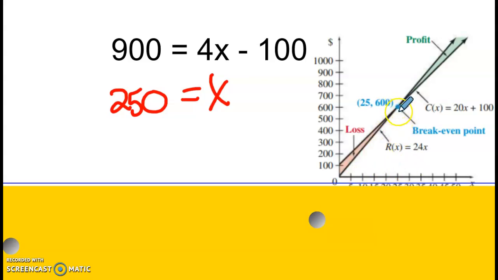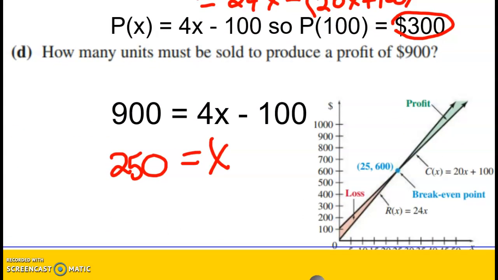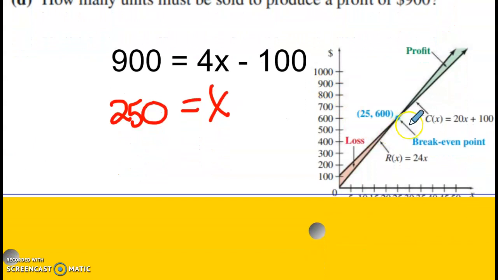At 25 units, it would cost me $600 and the revenue would be $600. That's my break-even point. Okay? Just to show you that. All right, so if I make more than 25, I start making a profit. If I make less than 25, I have a loss.